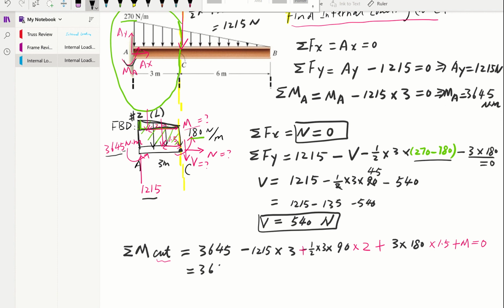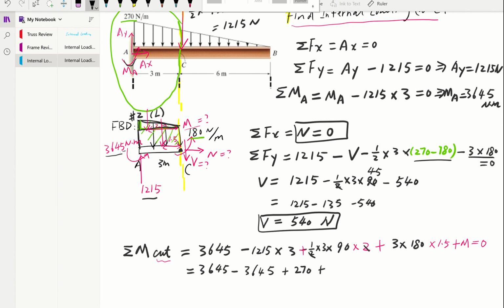So we have 3645 minus, that's giving us what? 3645 for this term. And then we're going to plus 2, and the 2 canceled, so it will be 270. Then plus this term here.